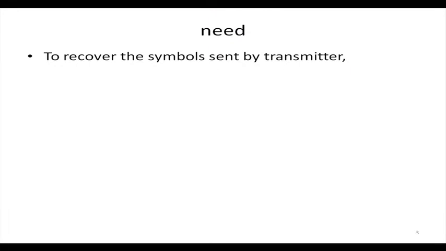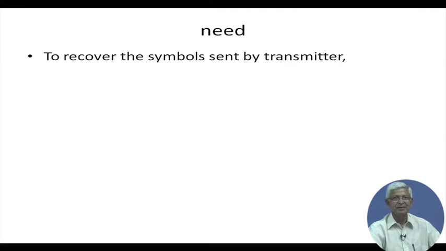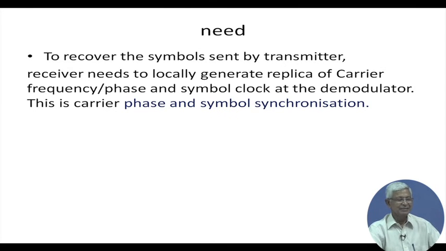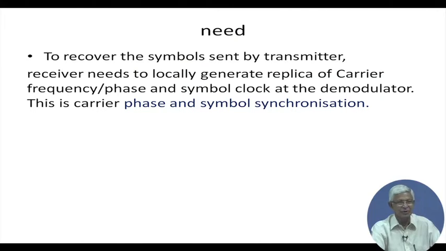To recover the symbols transmitted by the transmitter at the receiver side, we need to locally generate a replica of the carrier frequency and phase using phase lock loops to demodulate, and we also need the symbol start and symbol end time, which is the symbol clock. These are required at the demodulator. This is called carrier phase and symbol synchronization. You have studied this in your BTech courses.